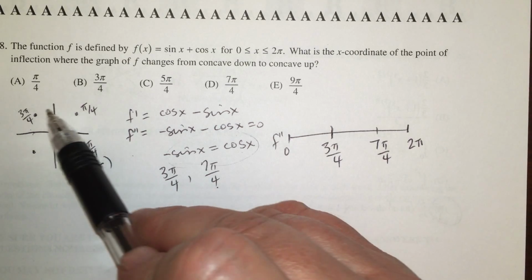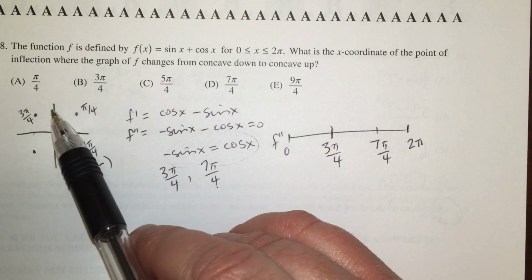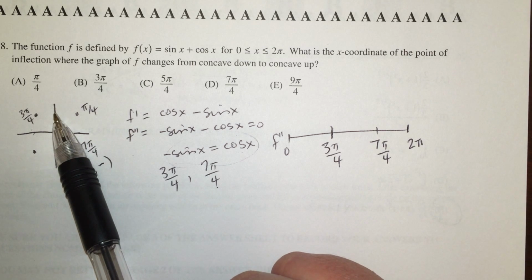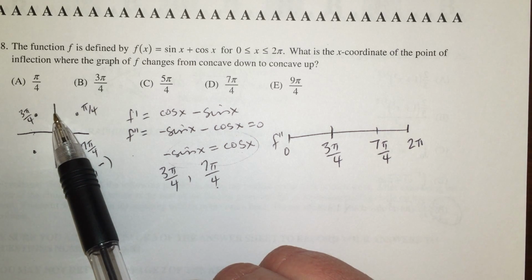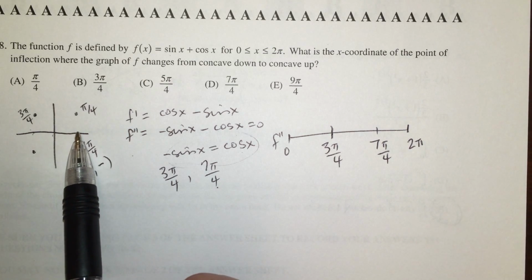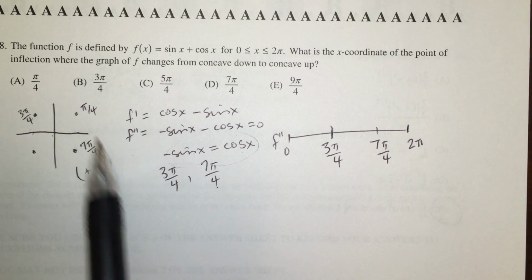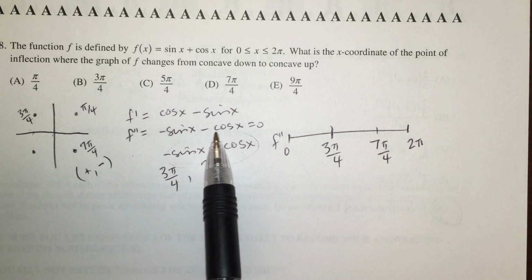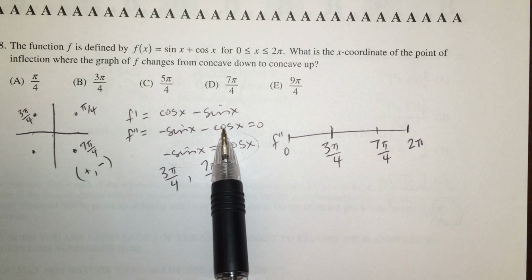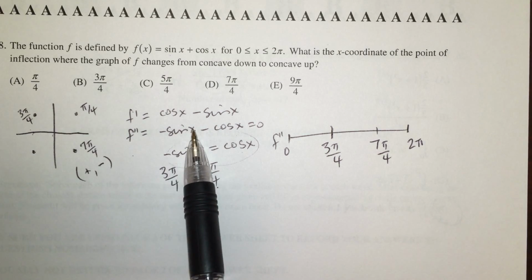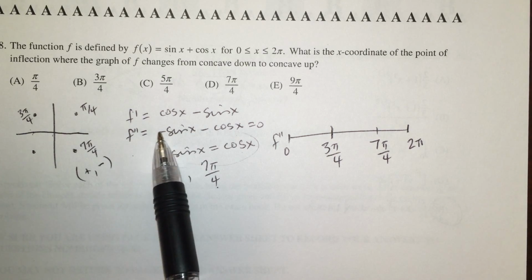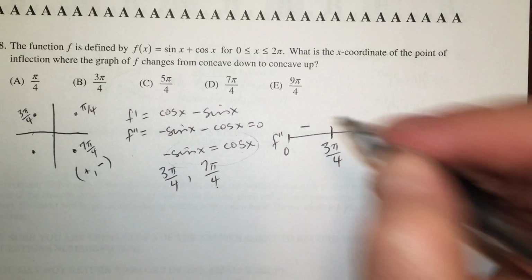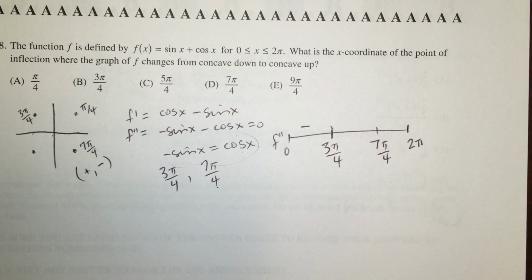We can pick any value between 0 and 3 pi over 4, so let's just pick pi over 2. If you substitute pi over 2 into your second derivative, then you have sine pi over 2 minus cosine pi over 2. Cosine pi over 2 is 0, and sine pi over 2 is 1, and we have the negative. So we're talking about a negative right there.